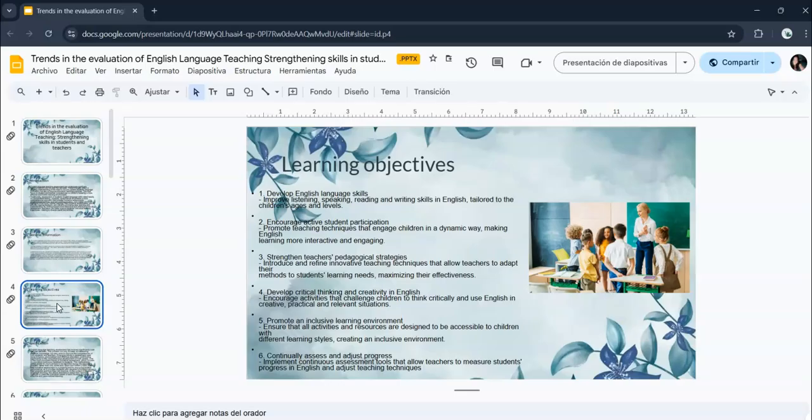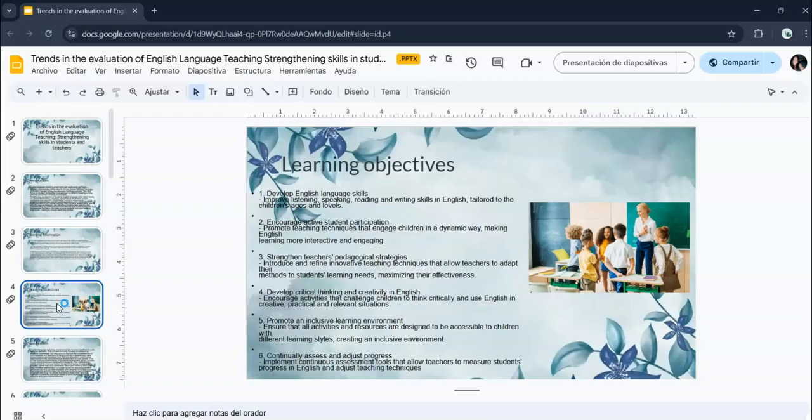Learning objectives. These are all the learning objectives that we made for this digital resource. Number one, develop English language skills. That is an important learning objective, and for us, this is the most important.